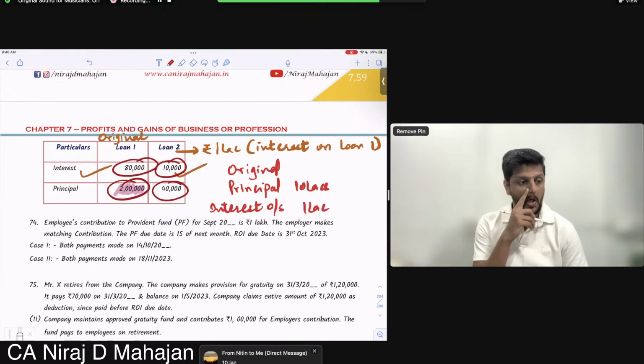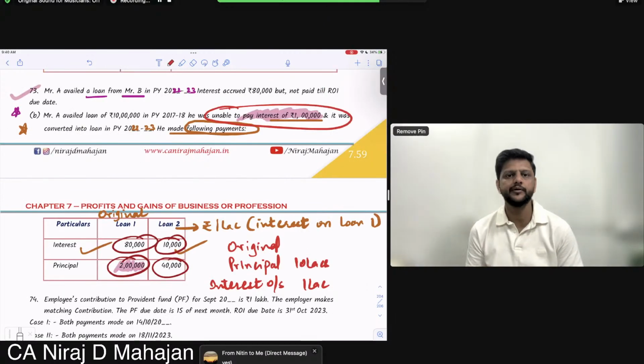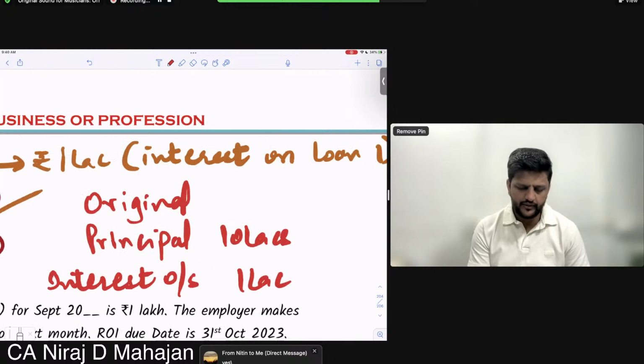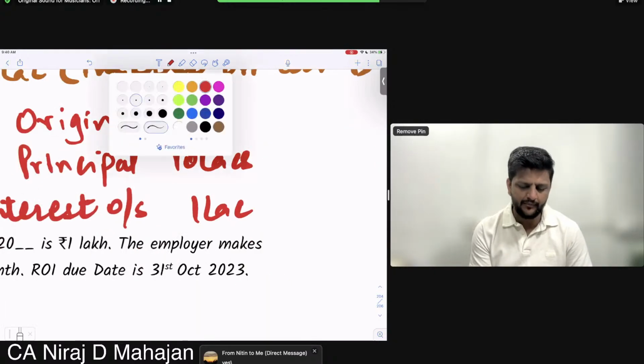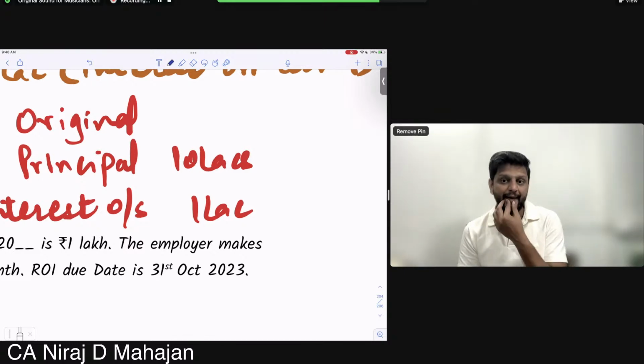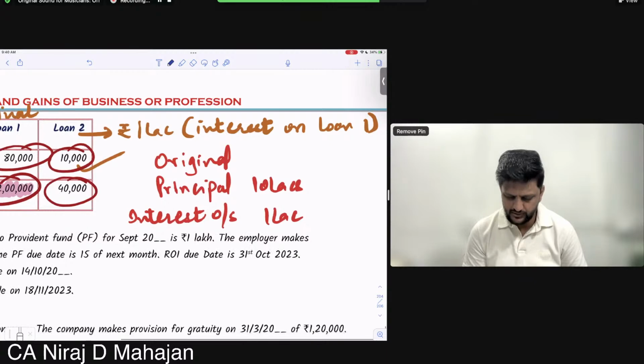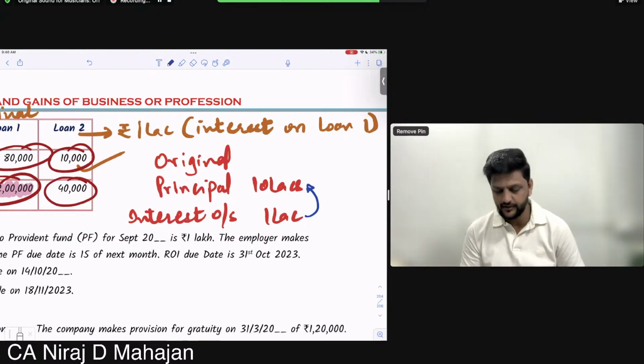Clear till here? And you are unable to pay. So what? Instead of turning the account into bad, meaning NPA, non-performing asset, what did the bank give, a scheme? That you don't pay this 1 lakh now. We will reduce the rate of interest, etc.